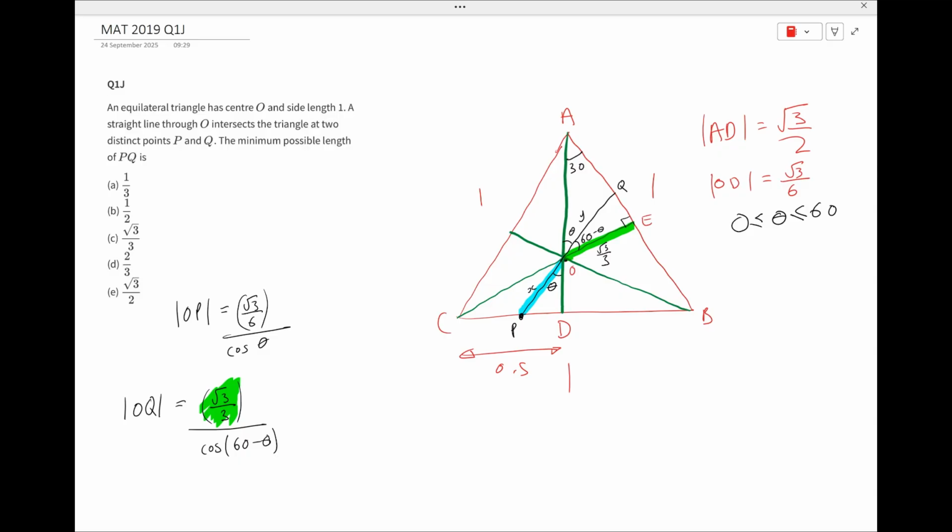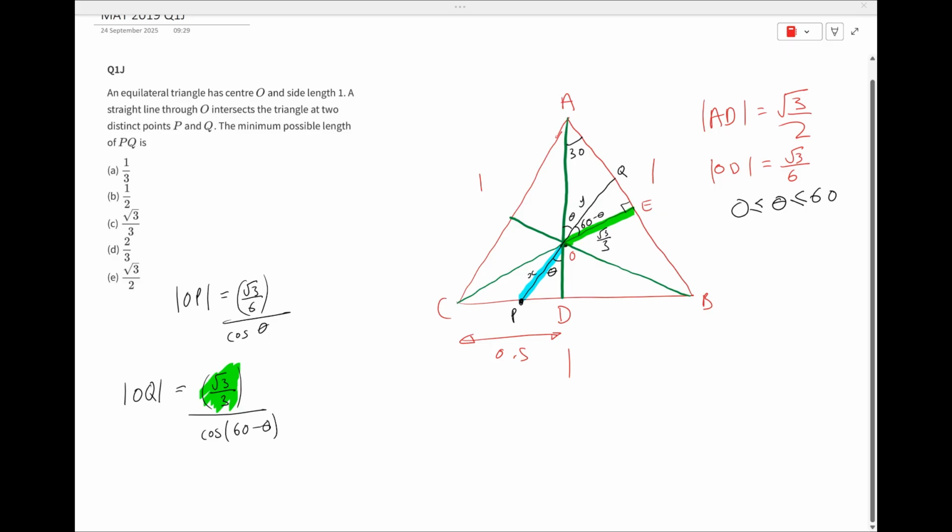Now, the whole length of the line PQ is therefore going to equal root 3 over 3 cos theta... sorry, the one over cos theta term can be written as root 3 over 3 over cos theta, and the other as root 3 over 6 over cos of 60 minus theta. Ultimately you're thinking, what value of theta is going to maximize this?